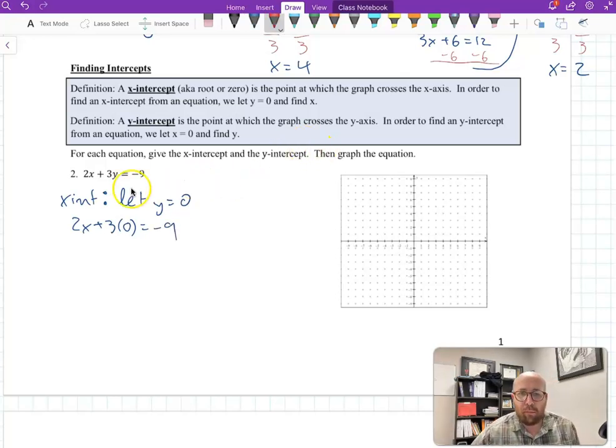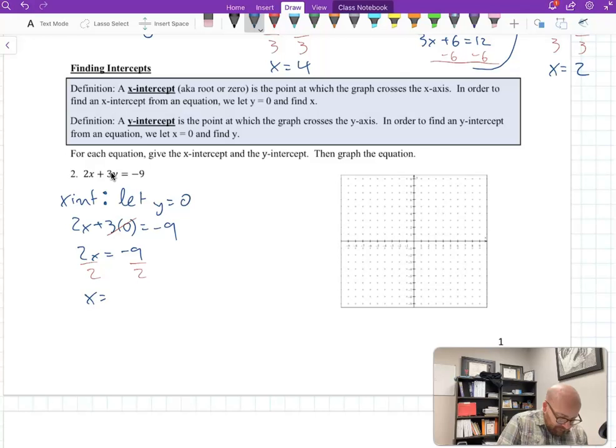If y is equal to 0, then that 3 times 0 just goes away, because 3 times 0 is 0, and adding or subtracting 0 doesn't do anything. So we have 2x equals negative 9. Divide both sides by 2, and we get x is equal to negative 4.5.